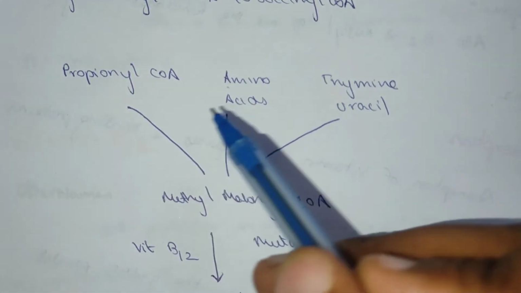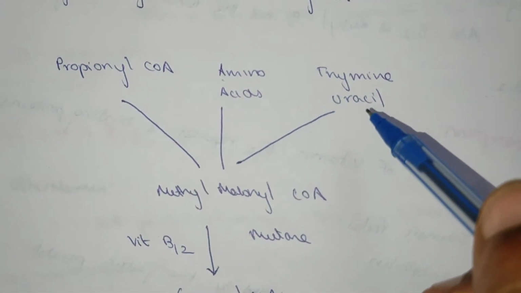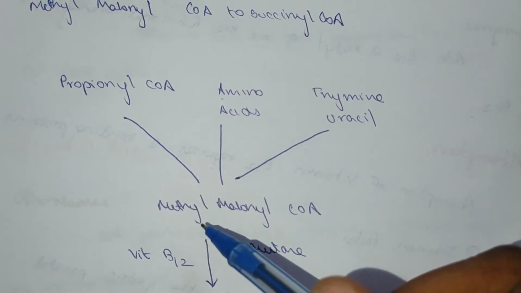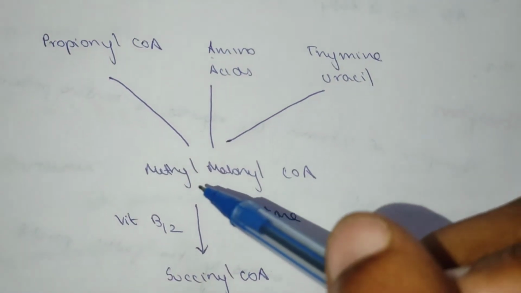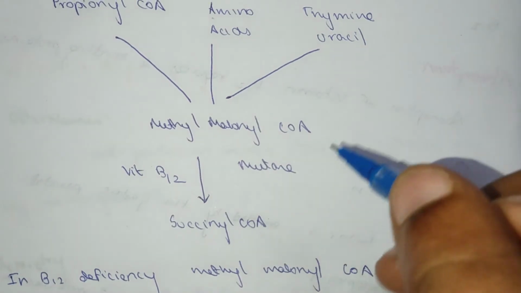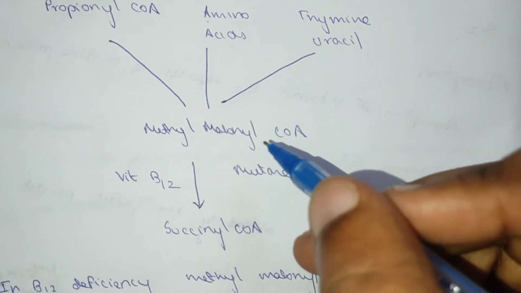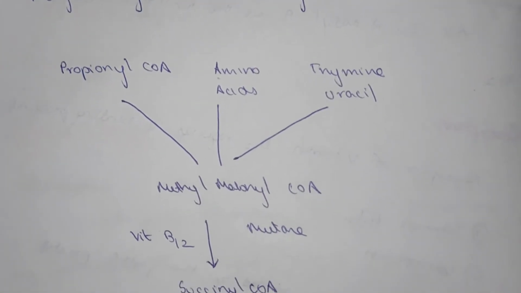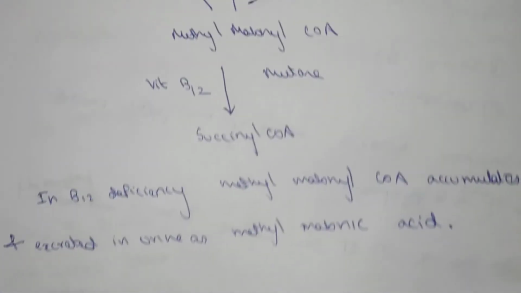Propionyl CoA, certain amino acids, and thymine or uracil all result in the formation of methylmalonyl CoA. This methylmalonyl CoA, with the help of vitamin B12 and the enzyme mutase, is changed into succinyl CoA. This is the second function of vitamin B12.